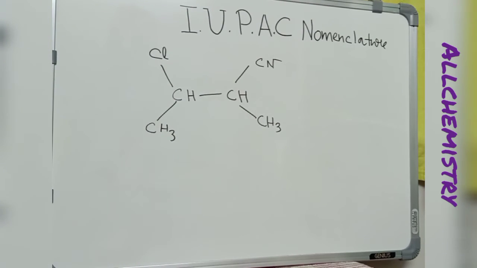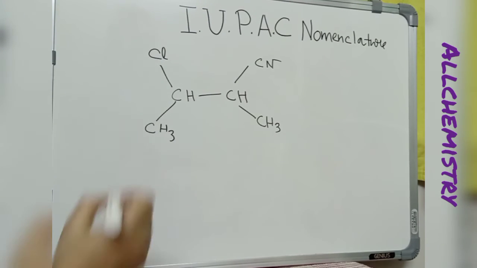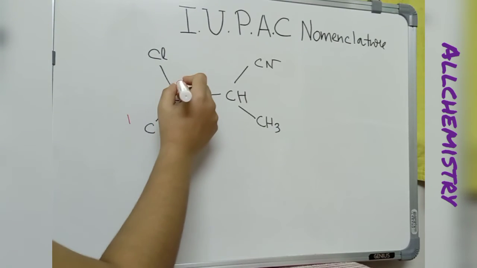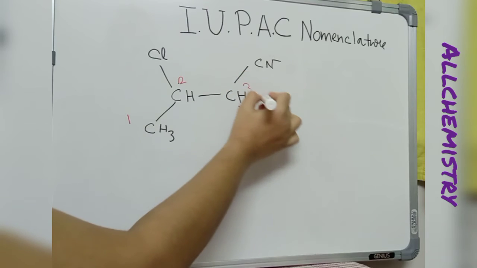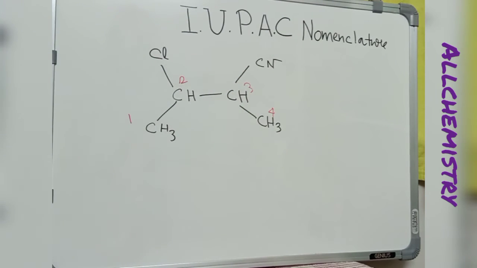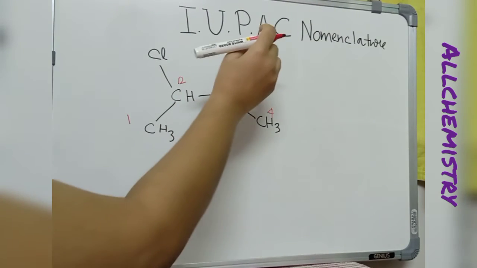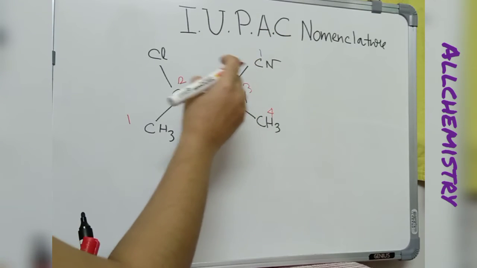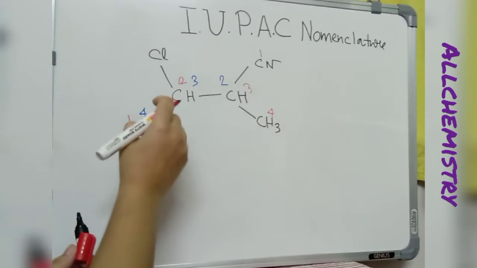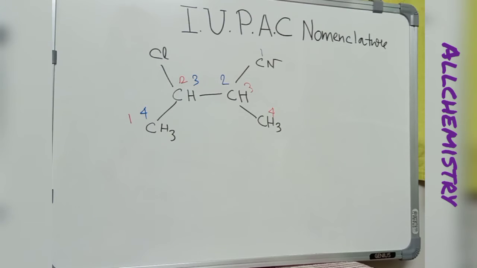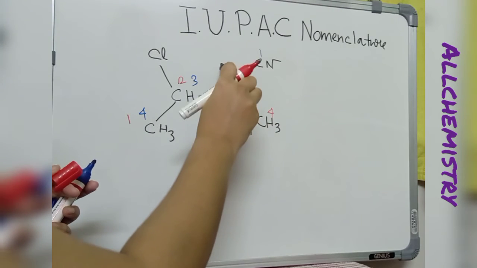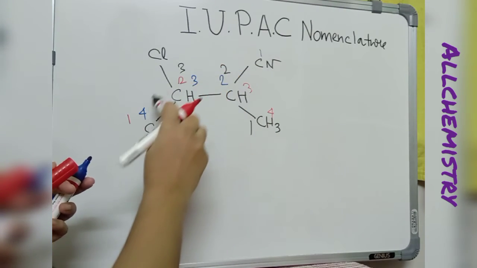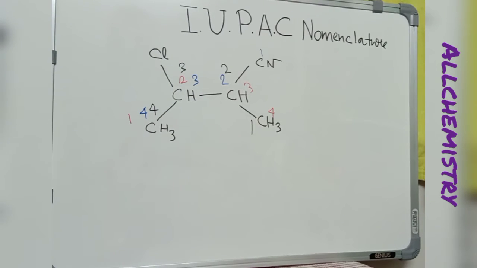So we have to select the longest carbon chain here. We can put numbering in 3 ways here: 1, 2, 3, 4, or 1, 2, 3, 4, or 1, 2, 3, 4.